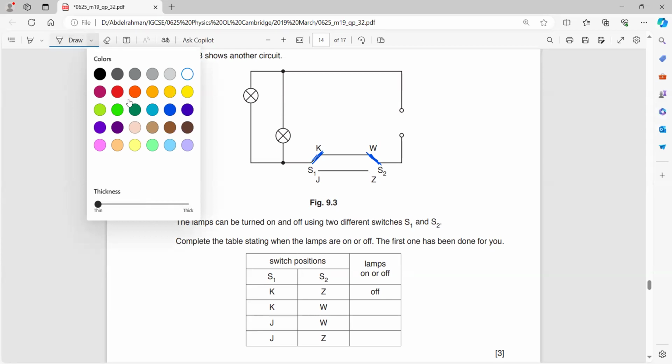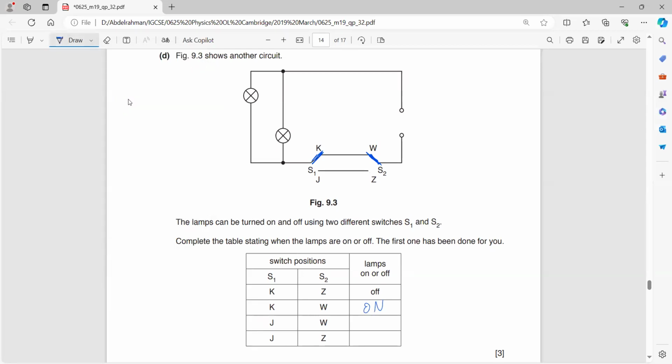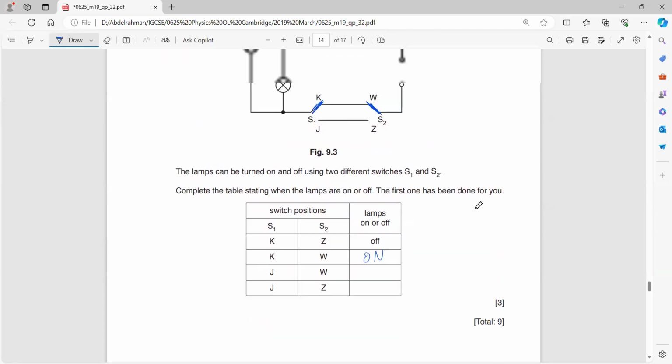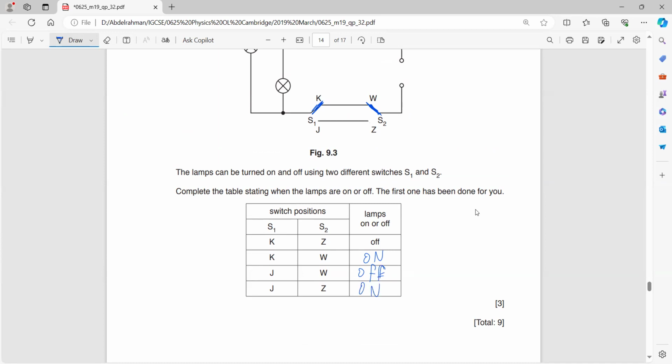They will be on. Again, S1 is at J, S2 is at W: off. And then J and Z would be on. Easy.